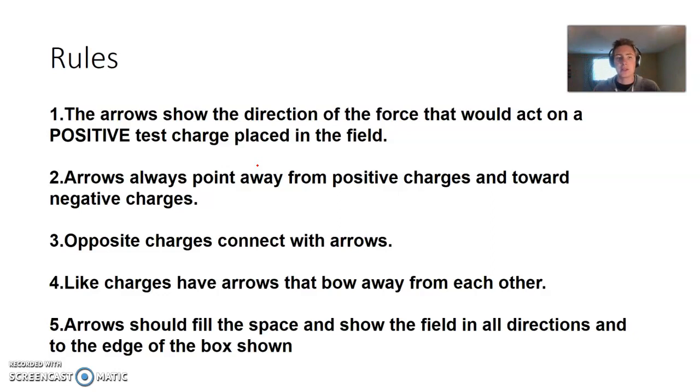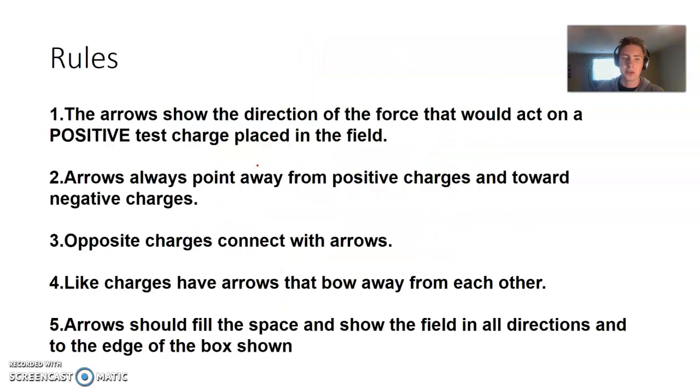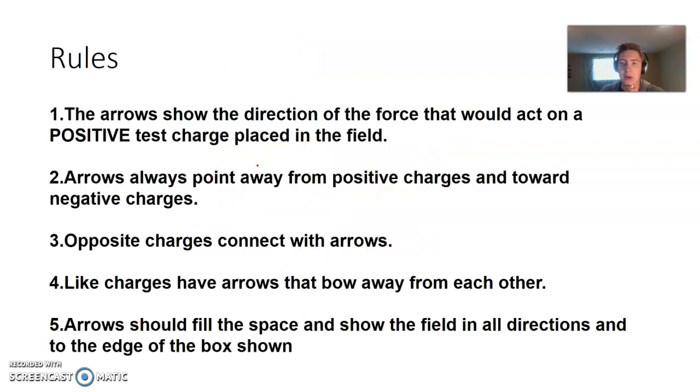When we have the negative piece, we'll have them pointing in. Opposite charges connect with arrows. We saw that like this. You can see that they're connected by arrows, whereas similar charges point away from each other. So like this. And if we have two negative charges, the same thing would happen. They would still be bowed out from each other. So arrows should fill the space and show the field in all directions to the edge of the box shown.